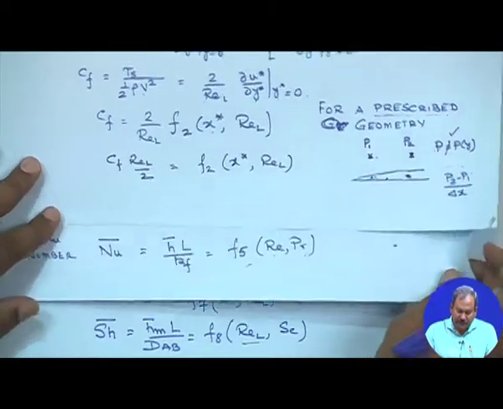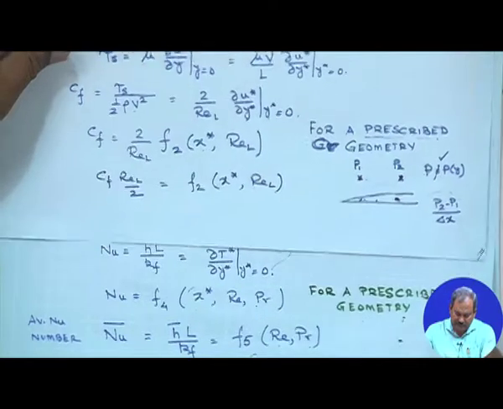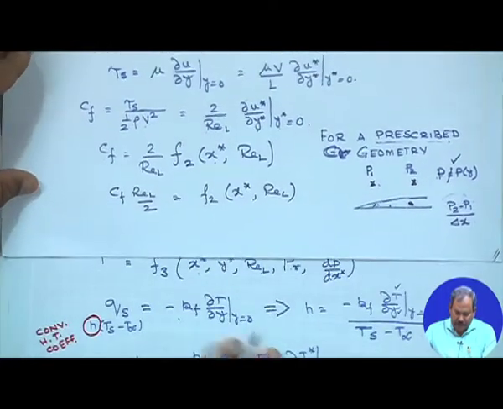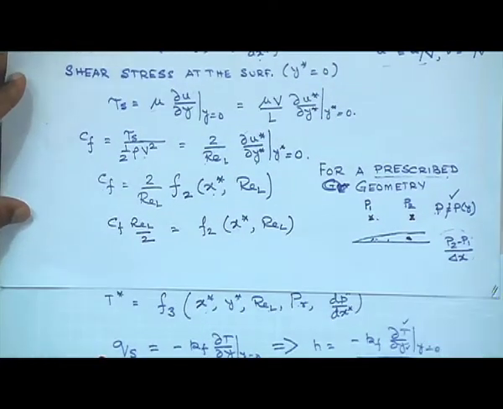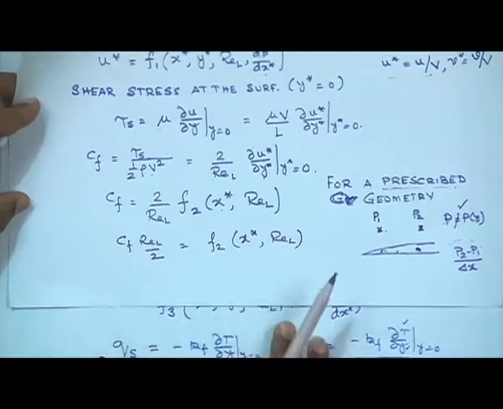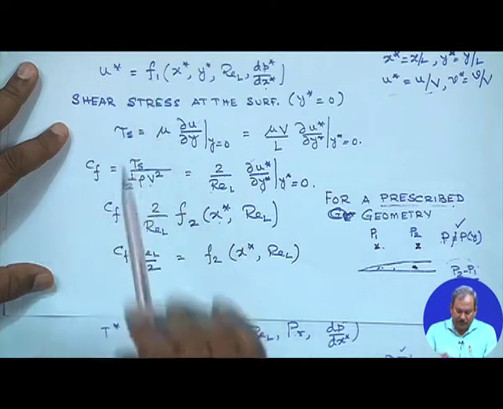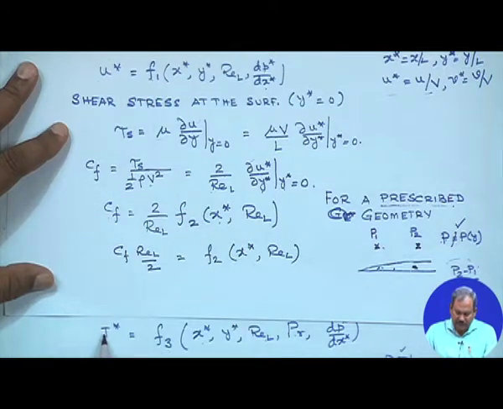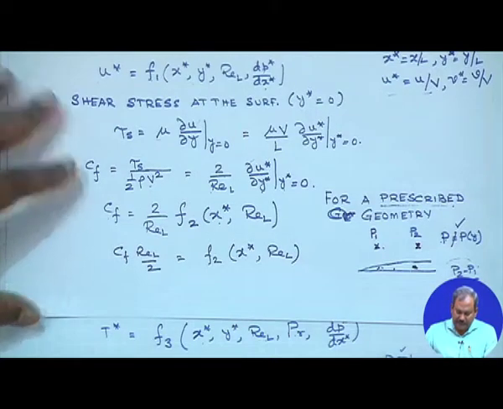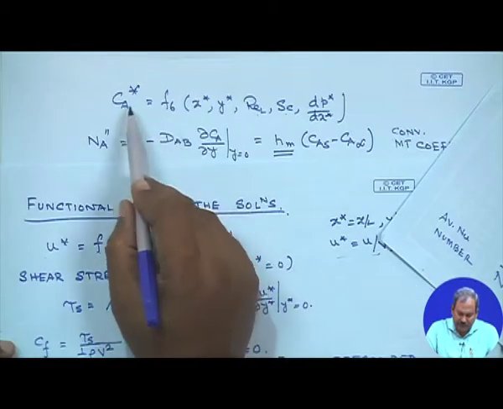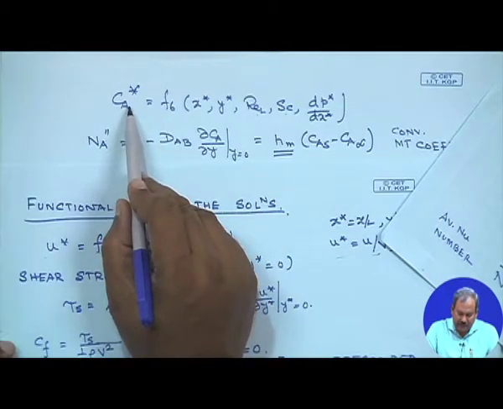If I concentrate on F1 and F3, I think it is visible. F1 is the functional form of velocity, F3 is the functional form of temperature, and similarly I have F6 here, which is the functional form of the dimensionless concentration.